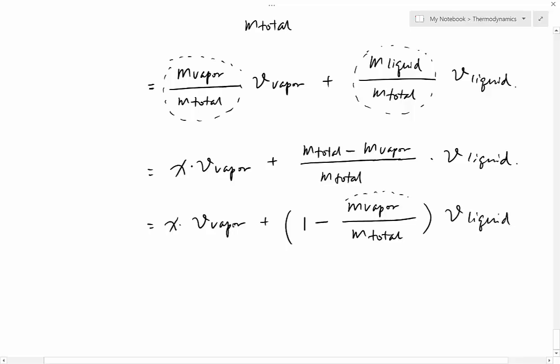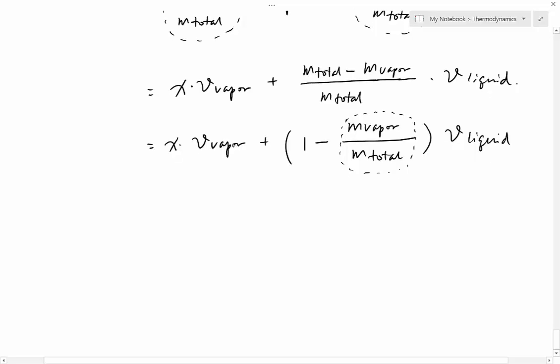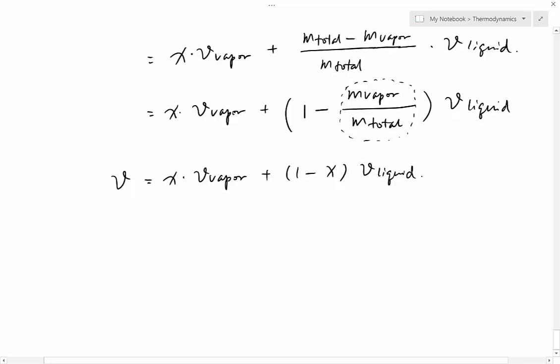And again, what is vapor mass divided by total mass? That is the definition of quality. So this equation becomes x times nu vapor plus 1 minus x times nu liquid. And don't forget, our left-hand side is nu. All right, so this is our final solution.